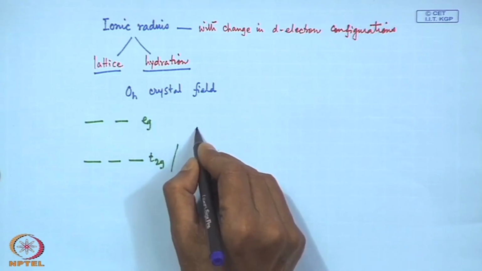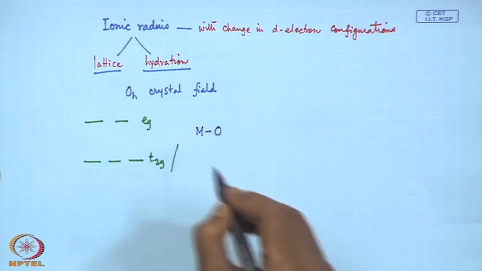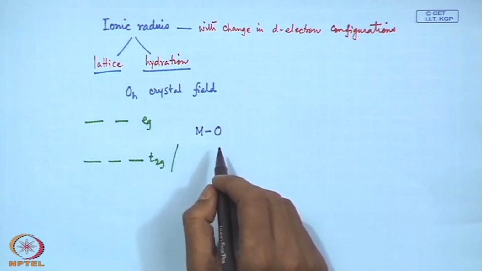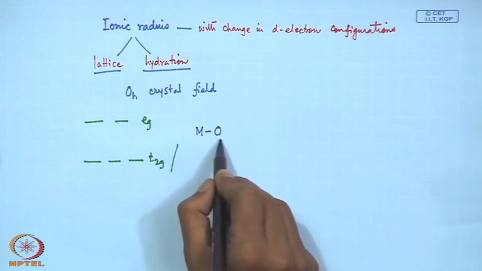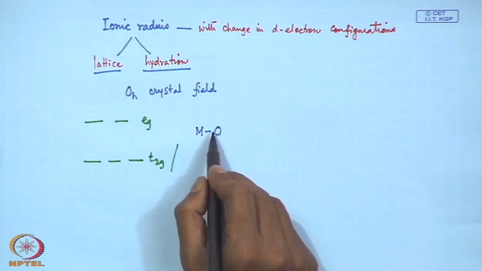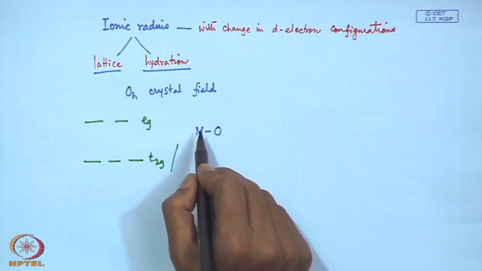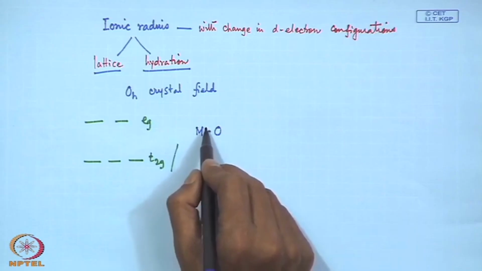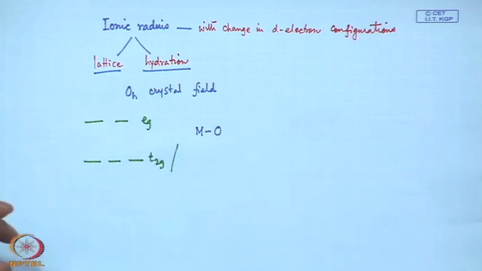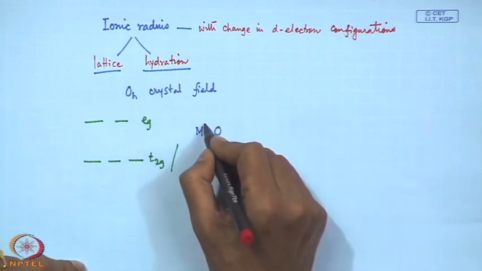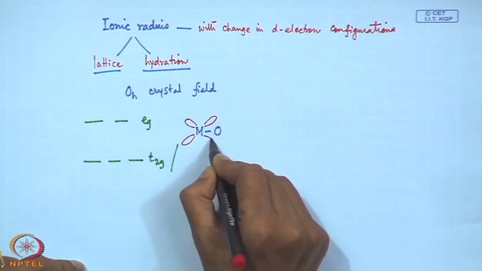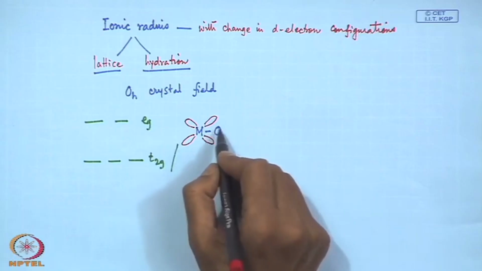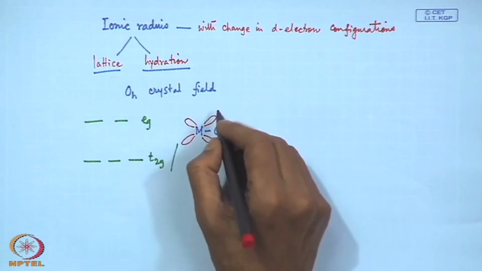So, if we are talking about the interaction with the oxygen of the hydroxide ion, in metal hydroxide formation, or in hydration with the water molecule, we will see different effects for this p orbital, which faces the lone pair of electrons from the oxygen atom, and the electrons in the d levels of the metal center. If it is in the xy direction, our orbital will be like this, so it is not directly facing the oxygen p orbital.